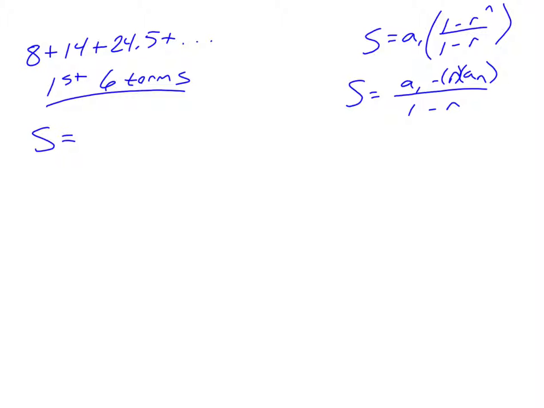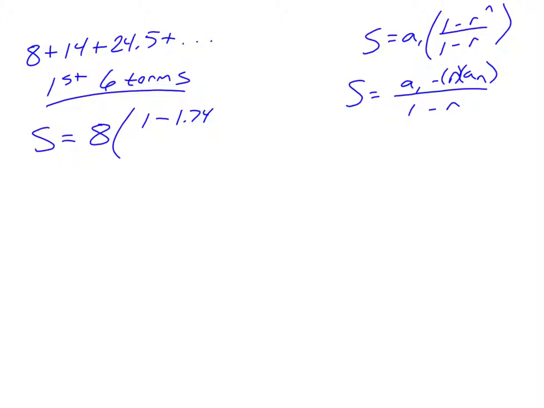So a sub 1 is 8, and then we have 1 minus r. How do we get r again? The second divided by the first, so 14 divided by 8, which gives me 1.75, or 7 over 4 would work.